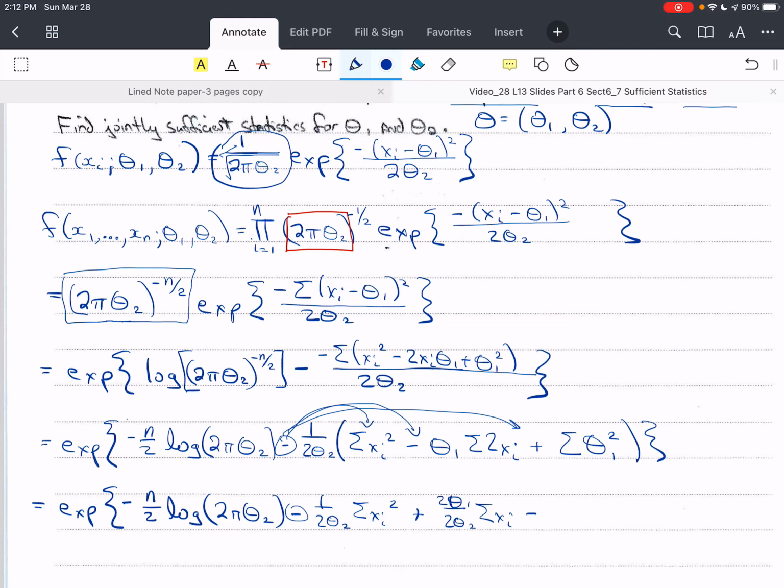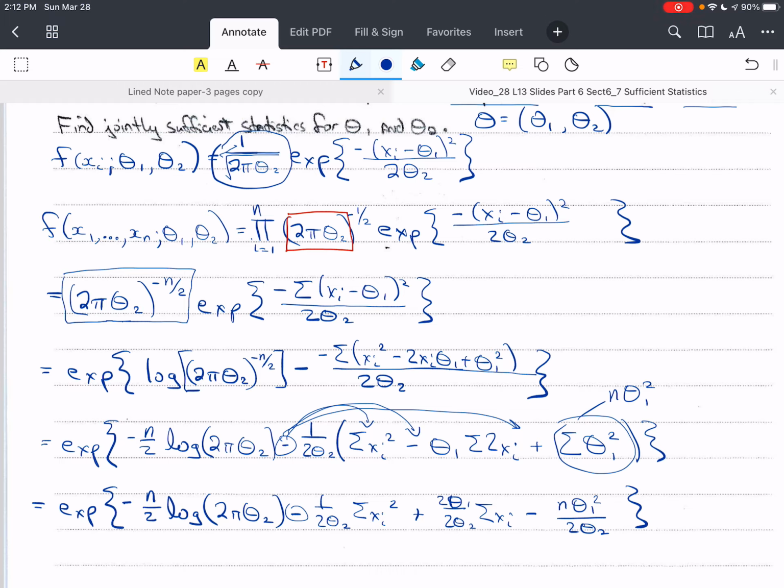And so we have this quantity here is n theta 1 squared. Okay. So this is n theta 1 squared over 2 theta 2. And let's make sure that we have this right.